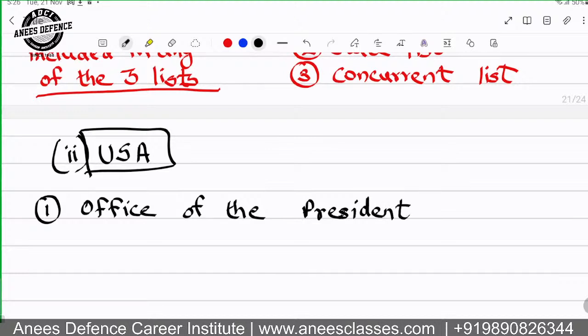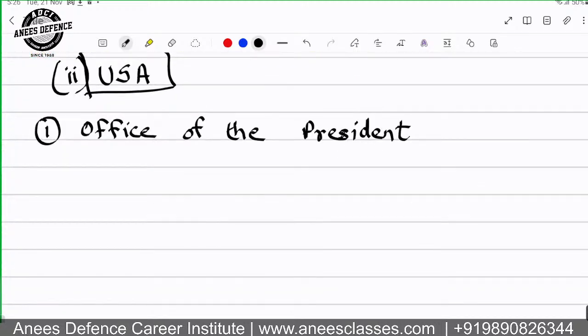The Republican model that we have adopted is from the USA. Here, President is the head of the state. Similarly, in India, President is the head of the state, but Prime Minister is the head of the government.